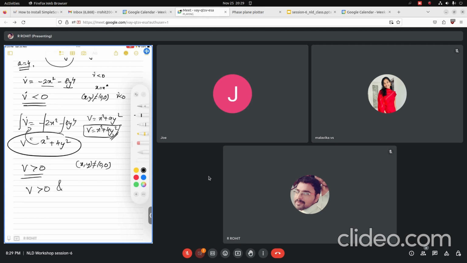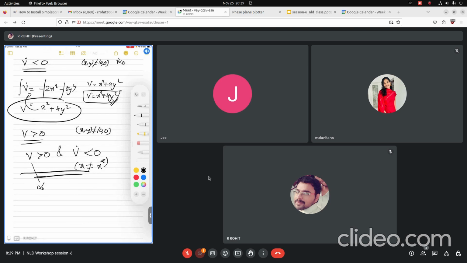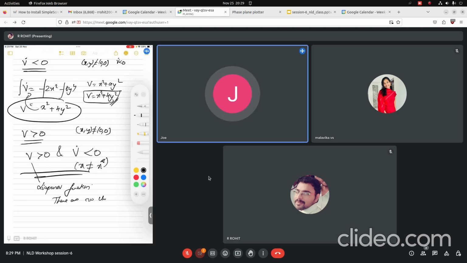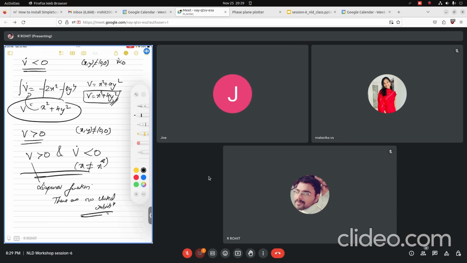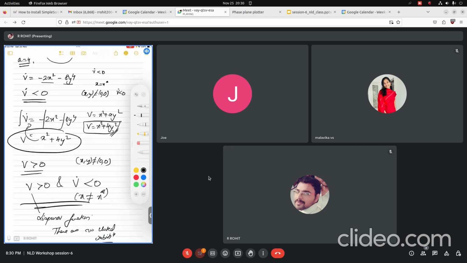So v greater than 0 and v dot less than 0 apart from x not equal to x star condition is met. So that means you have a Lyapunov function being defined, and you can strongly say that there are no closed orbits. So that was our question, to find will the system have any closed orbits, and we proved that no, the system will never have any closed orbits.